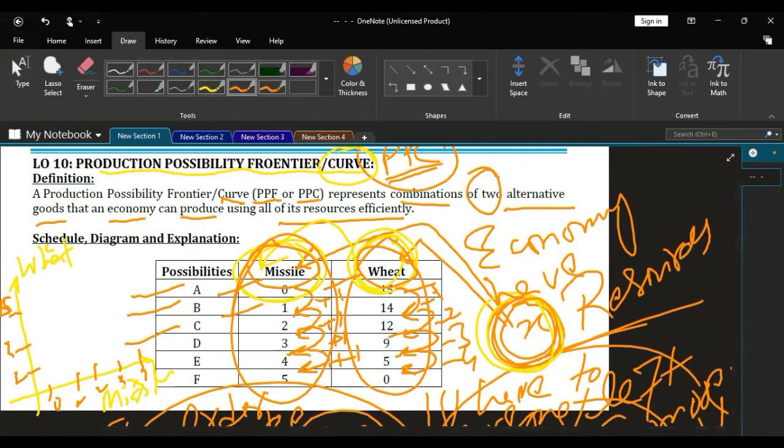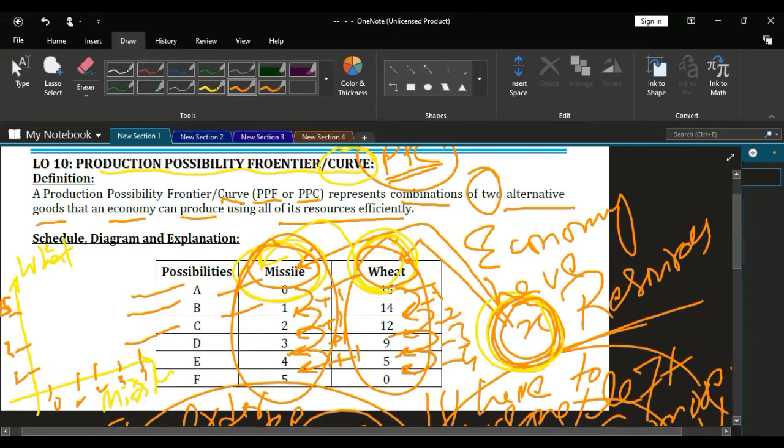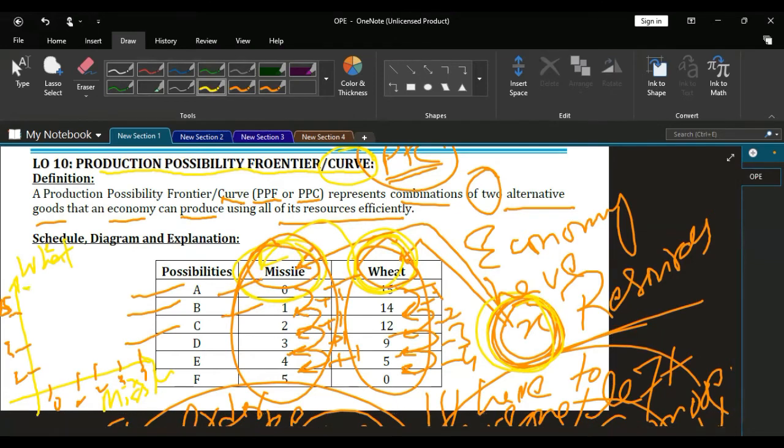At point 0 of missiles, the quantity is 15. It will be somewhere here. Then at 1, it is 14.